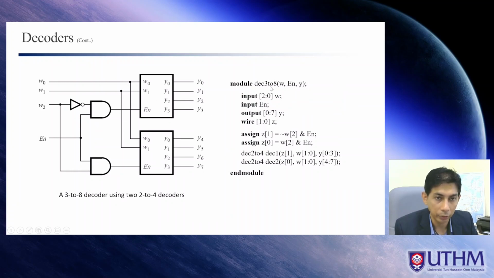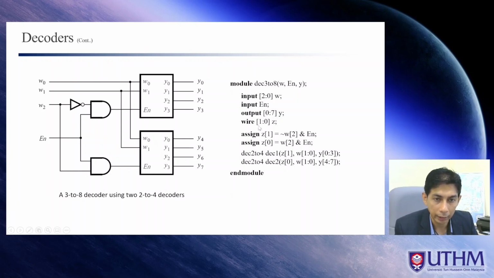So again, this is the 3 to 8 decoder. We have W input, we have EN, and we have Y output, and Y is now 8-bit, right? So you can see that W is 3-bit, 2 to 0. We have W2, W1, and W0. We have EN. Output, we have 8 bits, from 0 to 7.